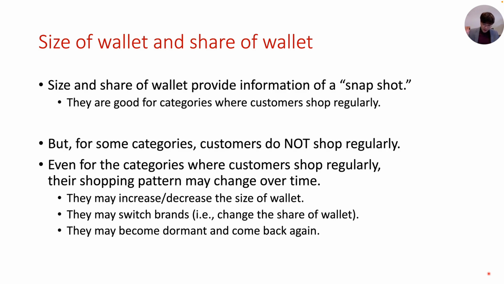In addition, customers may become dormant and come back again. All of these cases are like a boy running in random directions. Of this boy, the snapshots totally differ from each other, and one snapshot cannot describe all of his movement. That is, the size or share of wallet at one specific time are not always enough to measure profitability.